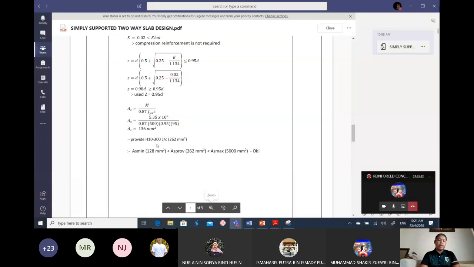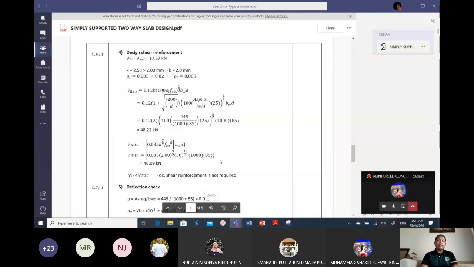Then we provide #10 300 center to center, 262 millimeters squared, and we have to check whether the provided reinforcement area is in between AS minimum and also AS maximum. If it is in between, then the value that you provided is okay.